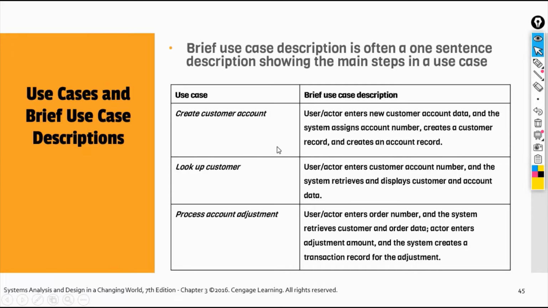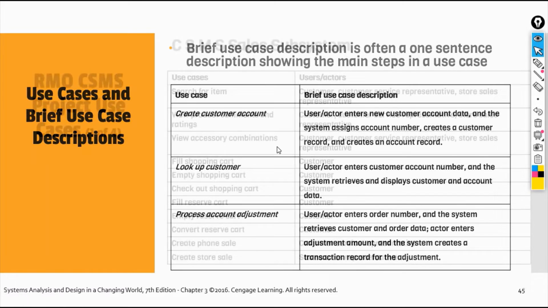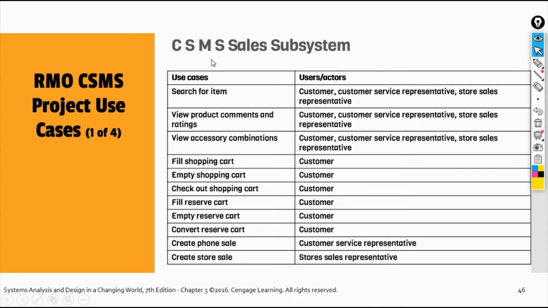So here, for the CSML's sales subsystem, is a list of use cases for this subsystem alone, along with the potential users for this subsystem.